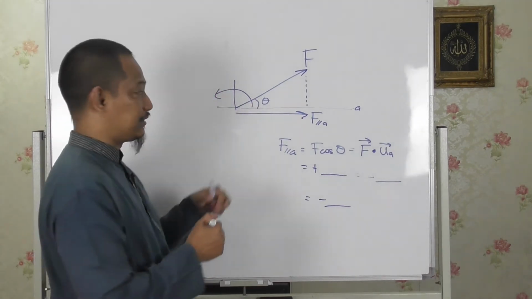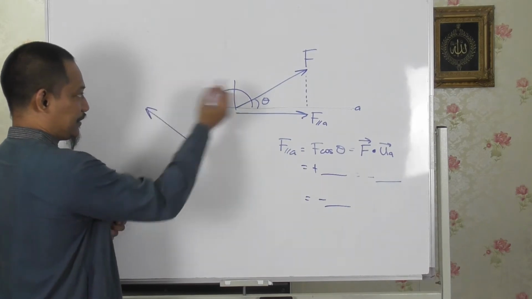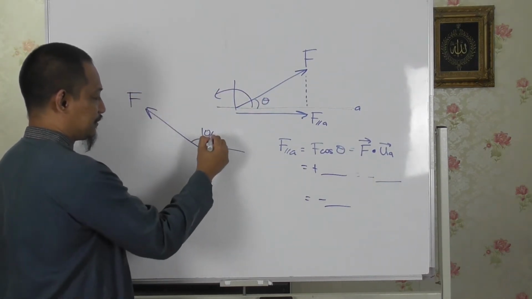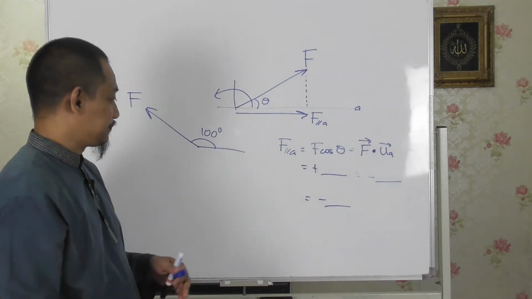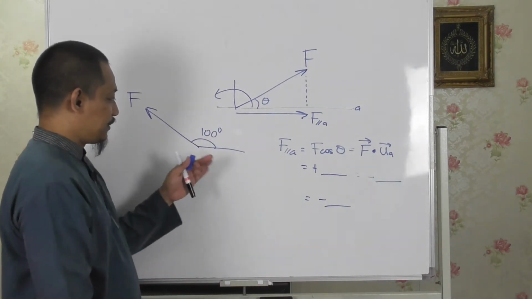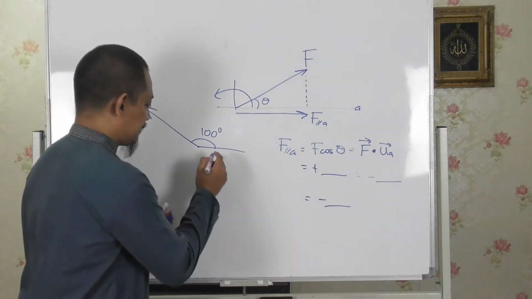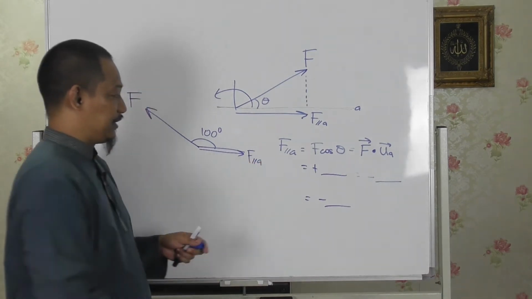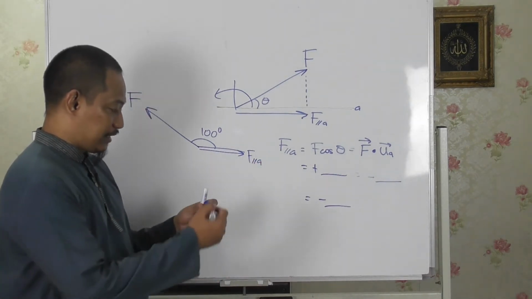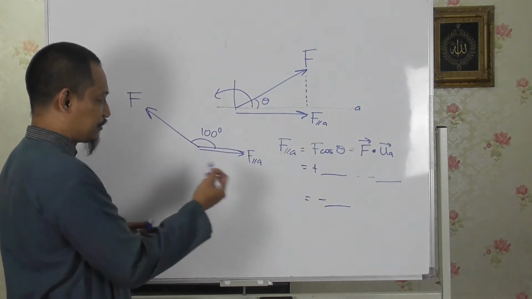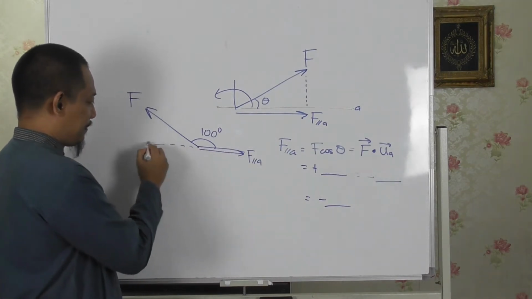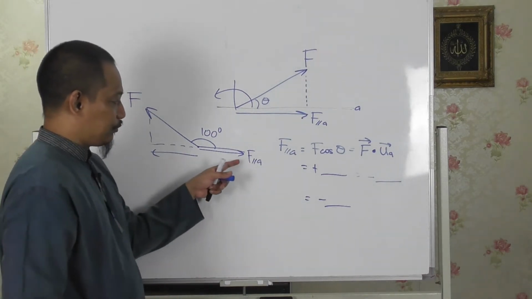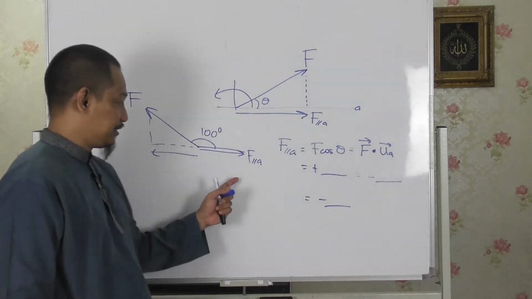Obviously, if theta is like that, f is actually here, and in this case it is 100 degrees, for example. If you imagine this is f parallel to A, this is the axis, the answer will be something negative, because the projected component is actually not there, it is here. So if you assume it points to the right, you'll get a negative value.